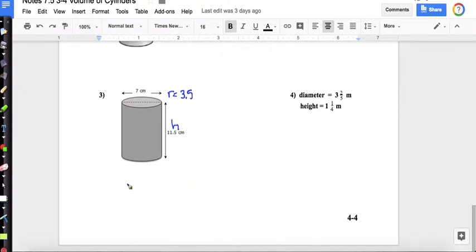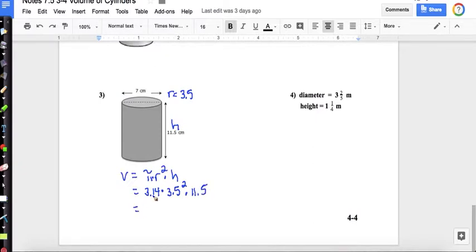Now, I think we have some room under here, so I'm just going to do it down here so I don't run into number 4. So write the formula, pi times radius squared times height. Okay, take out pi and write 3.14 times the radius, which is 3.5, but don't forget to write the squared, times the height, which is 11.5.